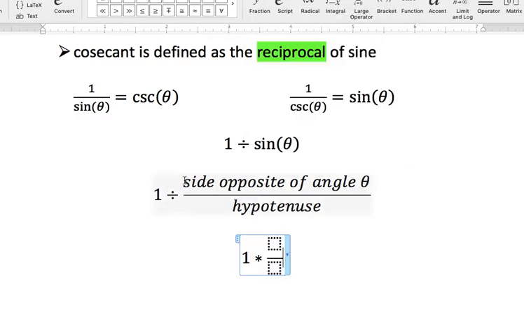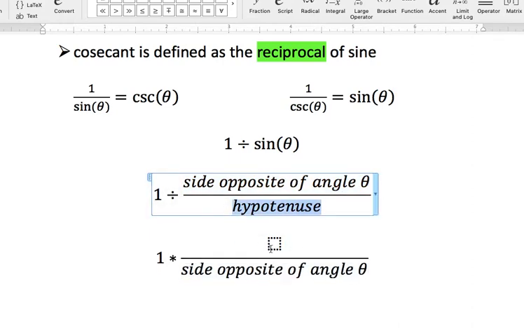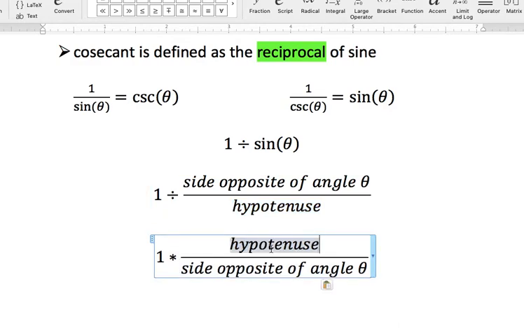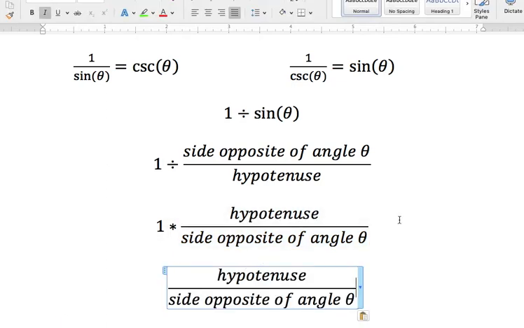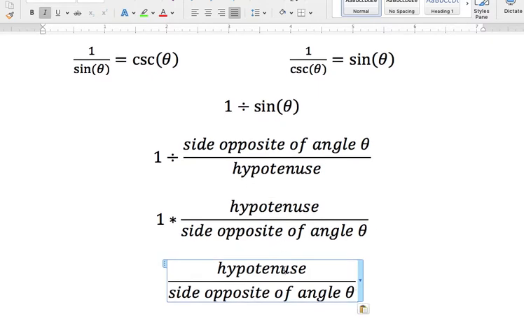So dividing by this fraction right here is the same as multiplying by its reciprocal. And of course, 1 times this fraction just equals that fraction, since multiplying by 1 doesn't actually change anything.